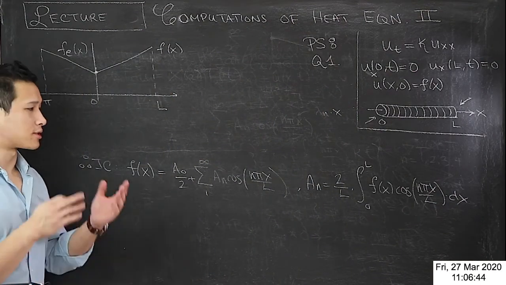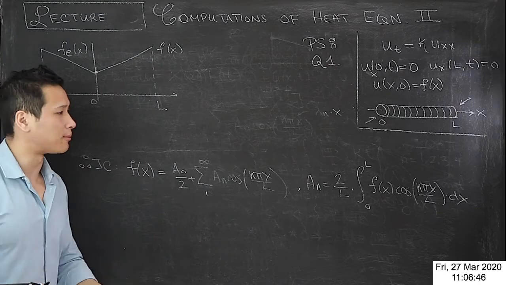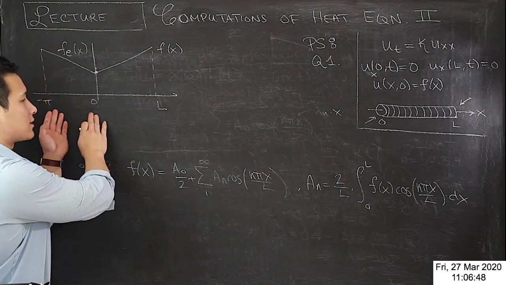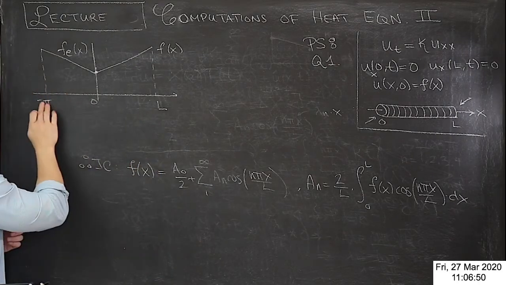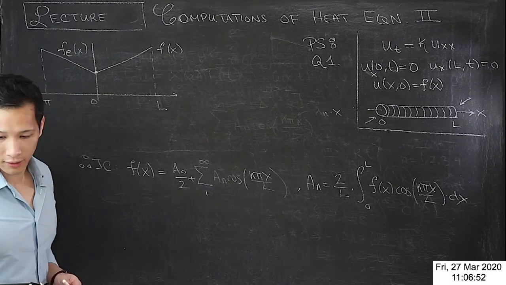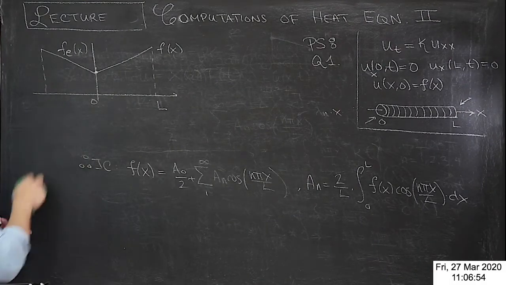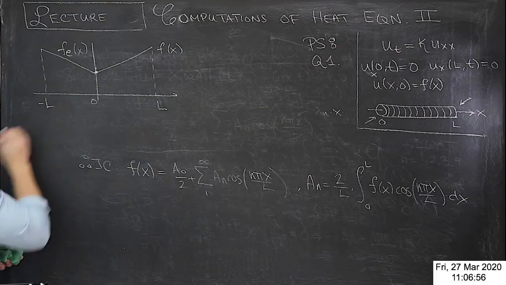Okay, so it's the same trick as for the Dirichlet problem. You considered instead the even extension over, this should rather read minus L to L. Thank you.